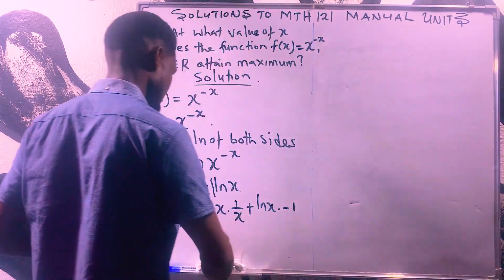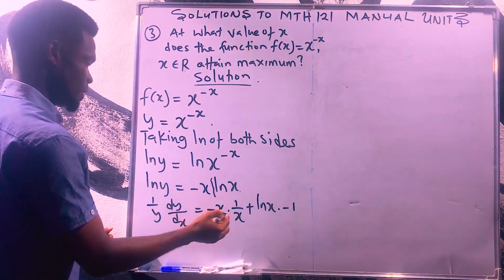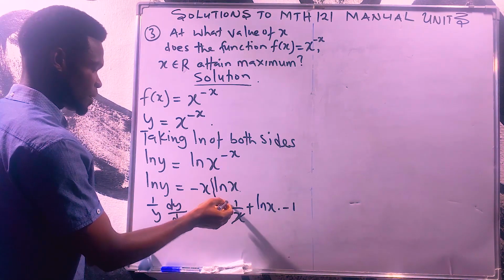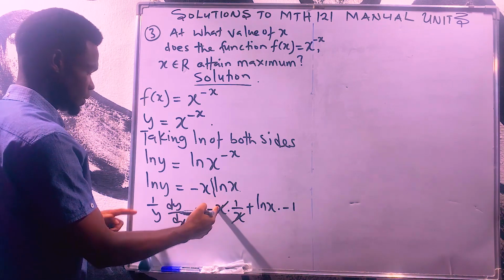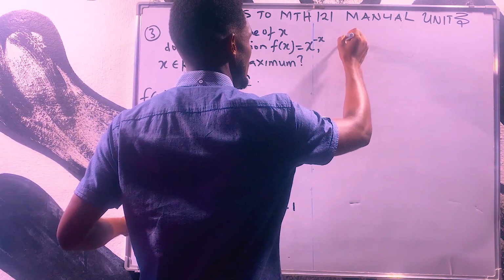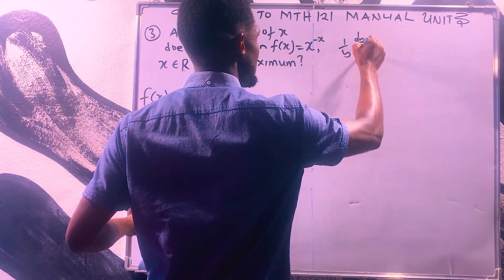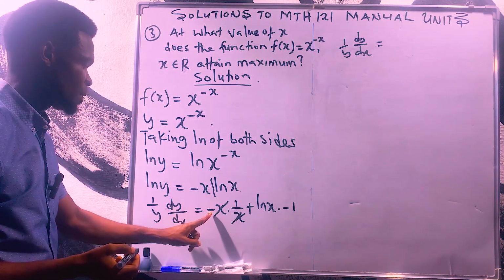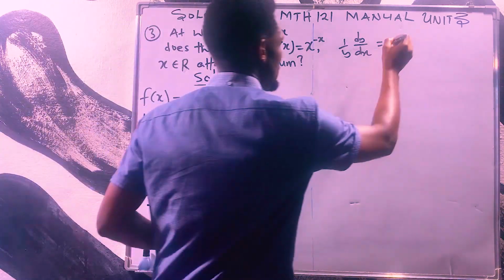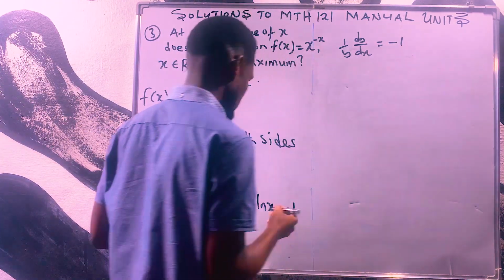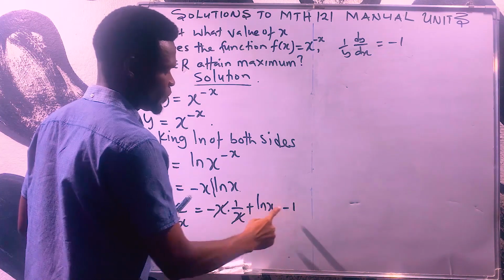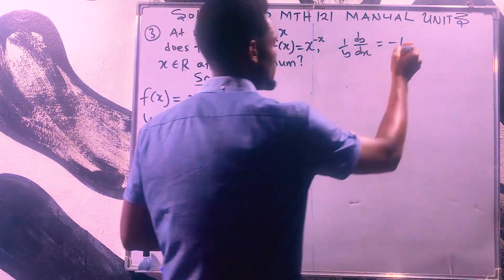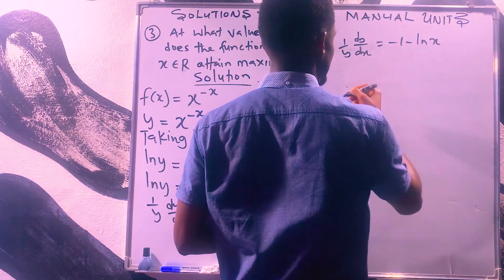Now, if you cancel this and this, that is x cancels x, it means that you have 1 over y dy dx equal to, I'm left with minus 1 here. Minus 1 times ln x is minus ln x.